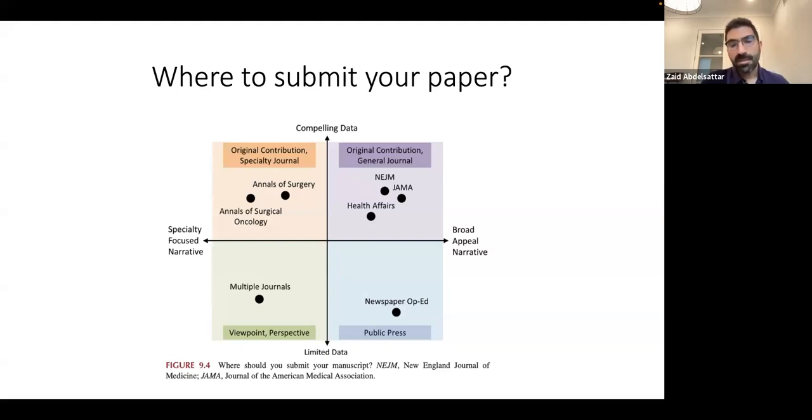Obviously, when you send it, and this is the most annoying part, each single one of these journals has their own formatting requirements, and that can be very frustrating. So the way that I do things, every manuscript has standard margins on either side, continuous line numbering, Arial font, size 11, double spaced.